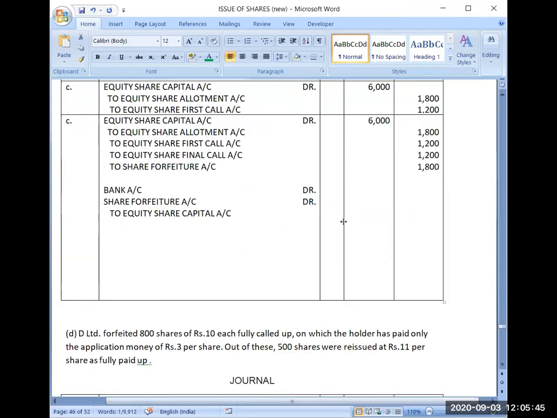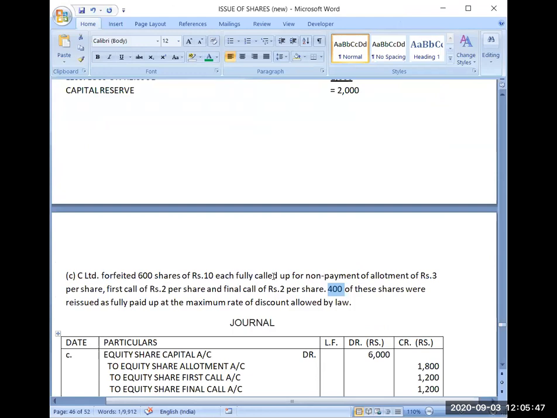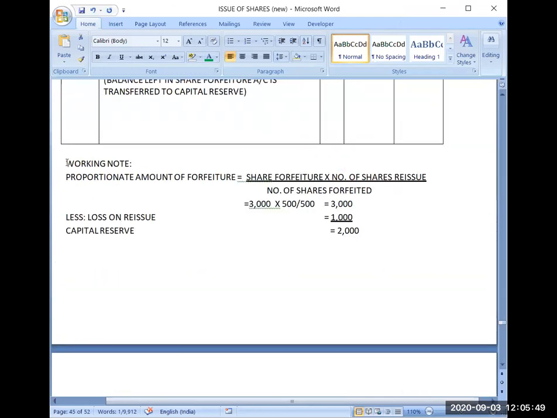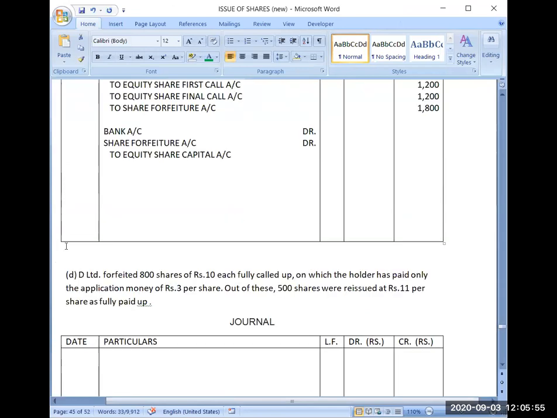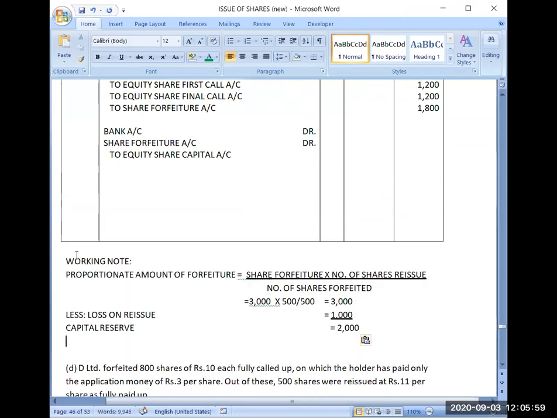So first calculate the proportionate amount. So this time this amount is 1,800.